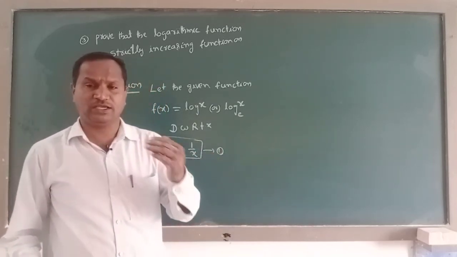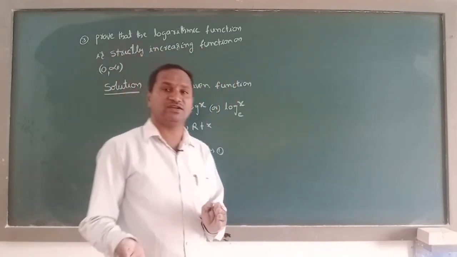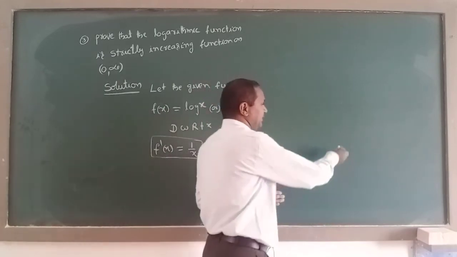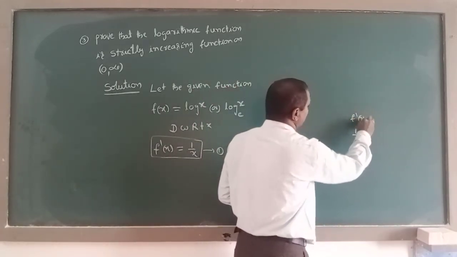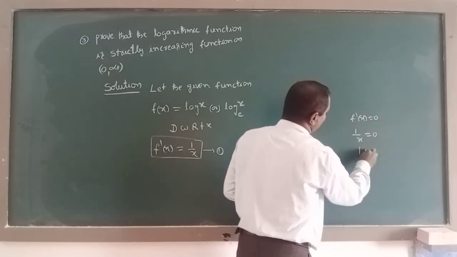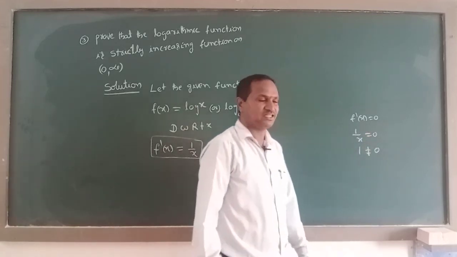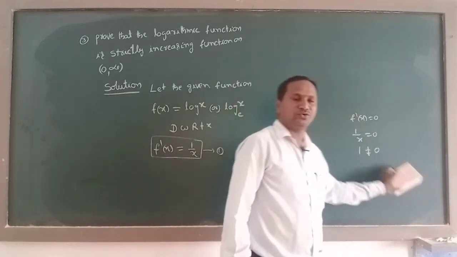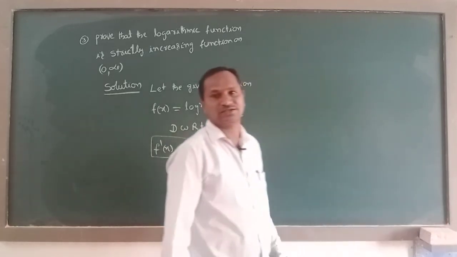If 1 by x is equal to 0, then by cross multiplication 1 is equal to 0, which is not possible. That's why we should not equate f dash of x to 0 here in the case of logarithmic functions.